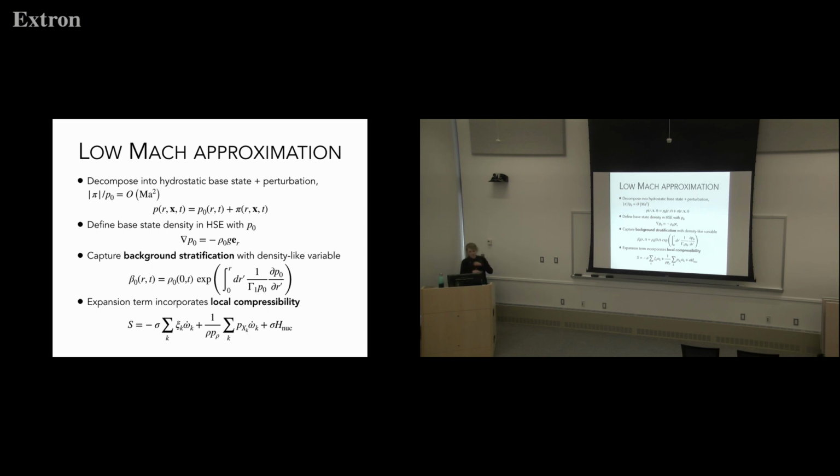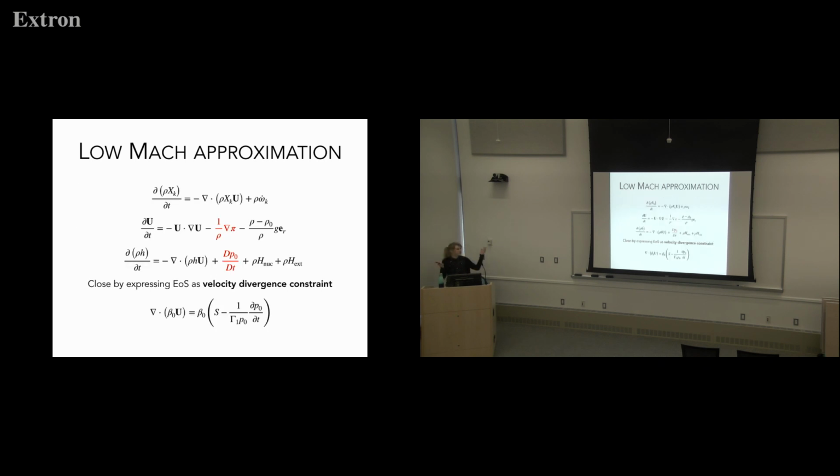This is kind of like a buoyancy term, and using this expression, it captures the background stratification. All of our local compressibility from reactions and heating and so on comes in from this source term, where we've got these burning and heating rates.